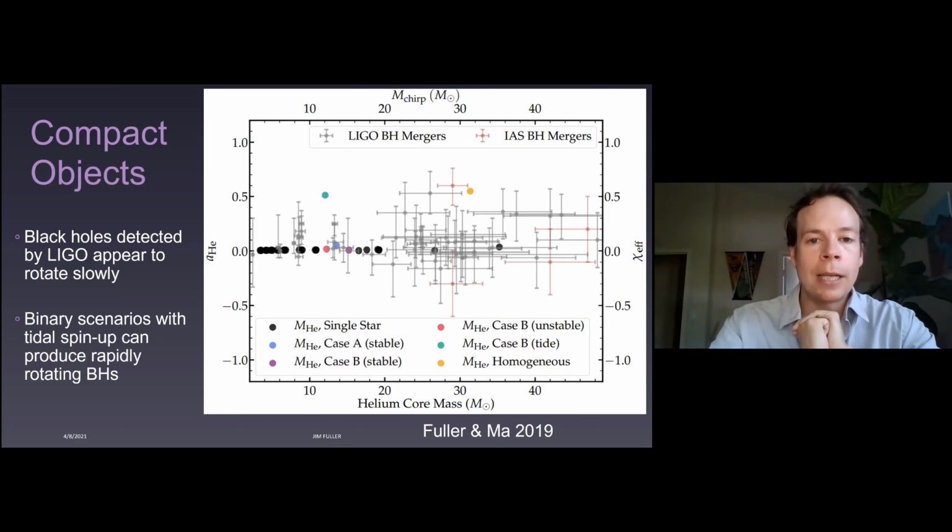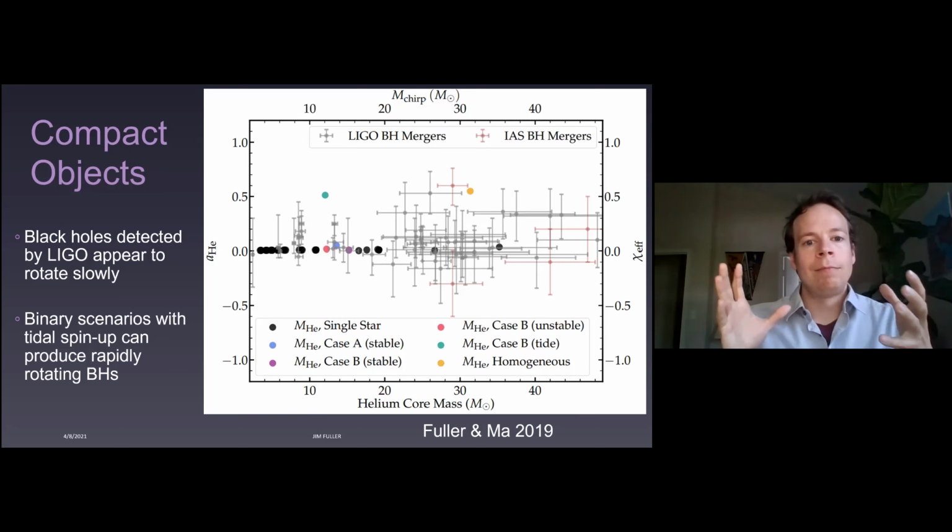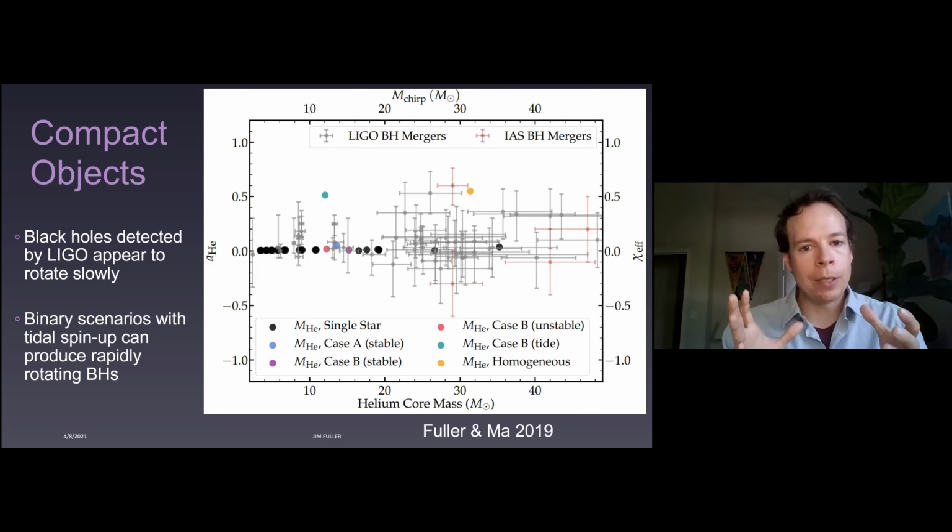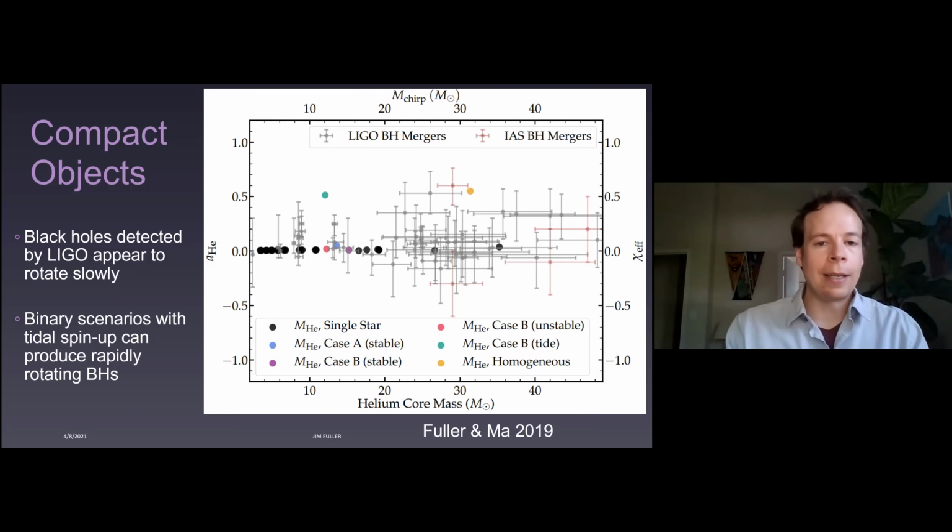And what I think is most likely is that there are stochastic processes that happen either at the end of the star's life or during the supernova explosion itself that can take a core, and even if it had no angular momentum to start with, it gets kicked and gets a little bit of angular momentum. People doing simulations of supernovae see this happen: even though they start the simulation with no angular momentum, the explosion develops in an asymmetric way, so the material that's ejected carries off a little bit of angular momentum, and the neutron star is left with a little bit of angular momentum in the opposite direction.